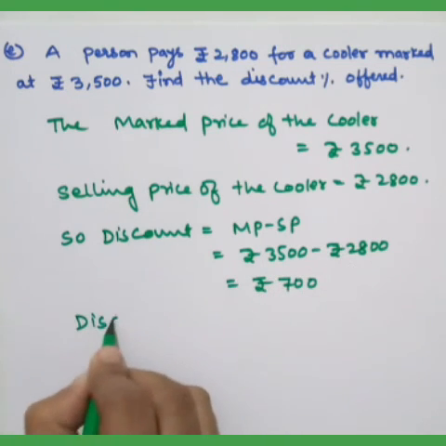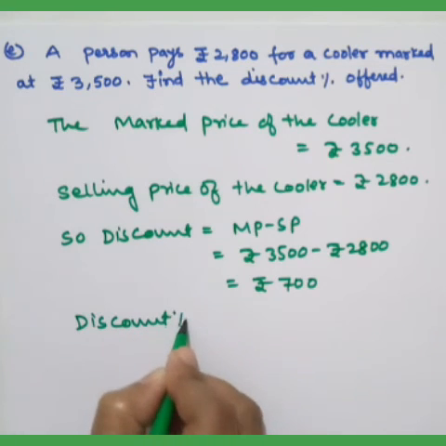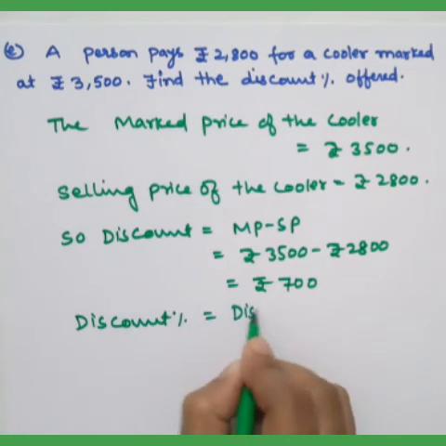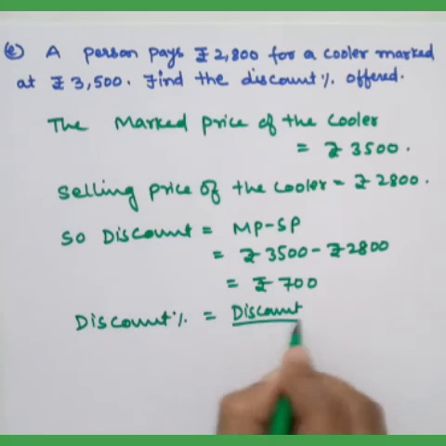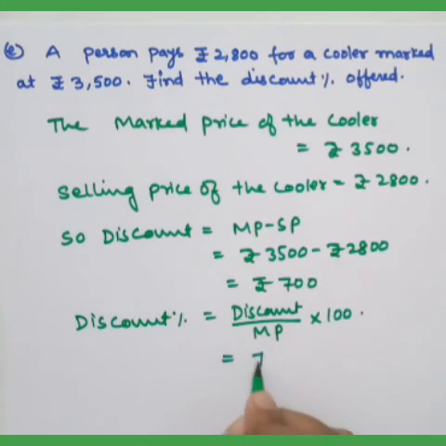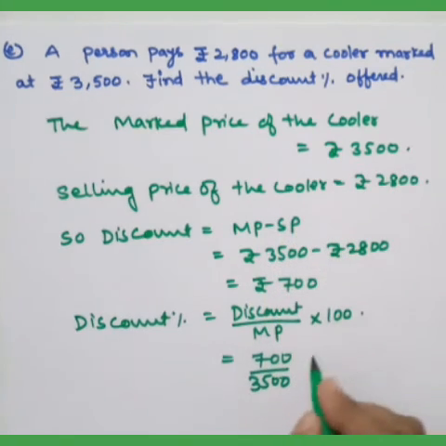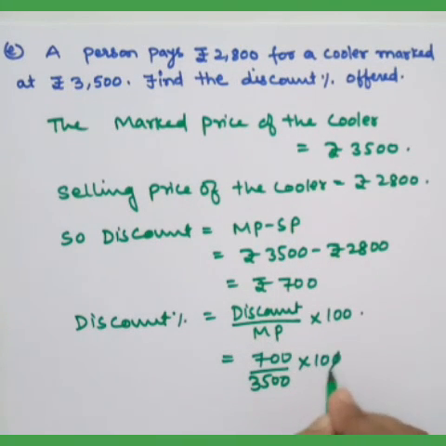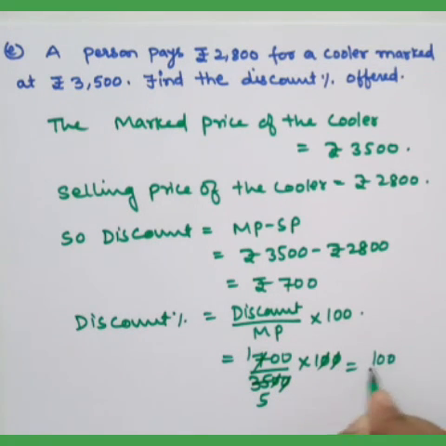So how will you find discount percent? Discount percent is equal to discount by MP into 100. So what is your discount? Discount is 700. What is your MP? 3,500. You can see here, marked price into 100. So 7 ones are and 7 5s are. This is 100 by 5. So 5 ones are 5, 5 20s are 100.